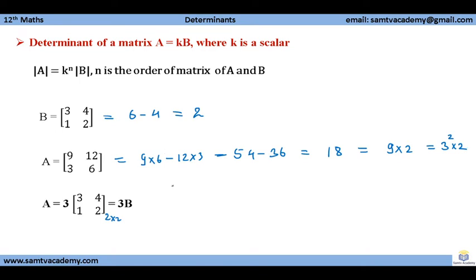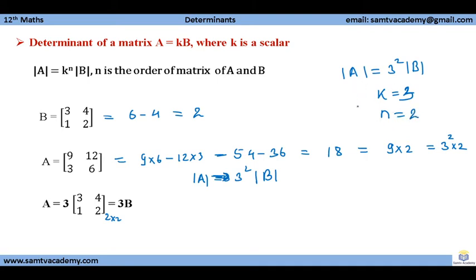So here we can see that determinant of A is equal to 3 square times determinant of B. We see that this property is satisfied: the determinant of A equals 3 square times determinant of B. So here K is equal to 3 and N is equal to 2, because the order of matrices A and B is 2 by 2.